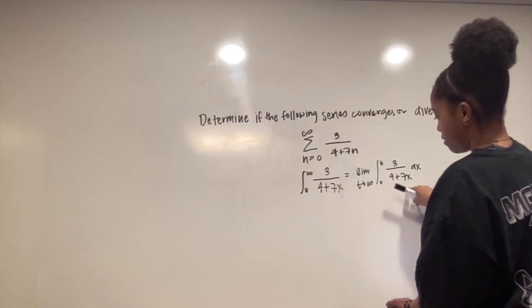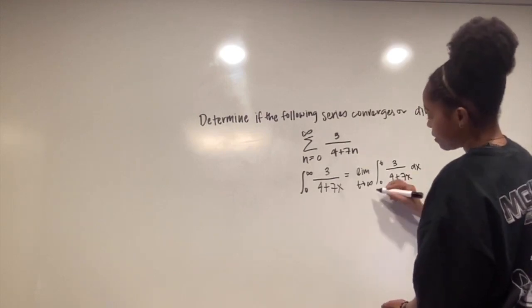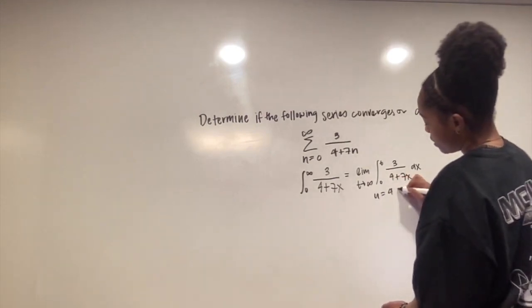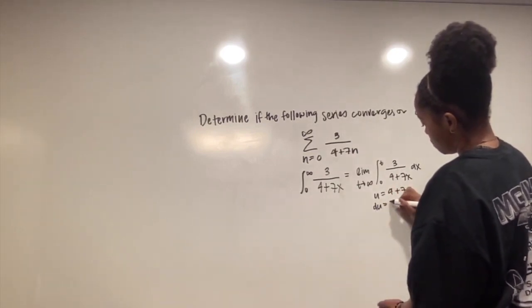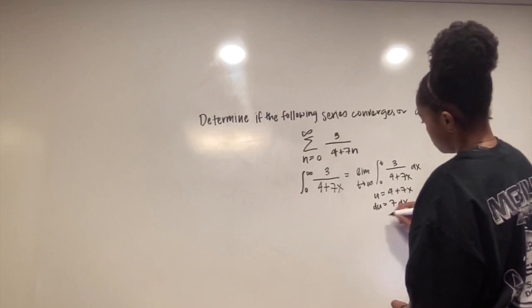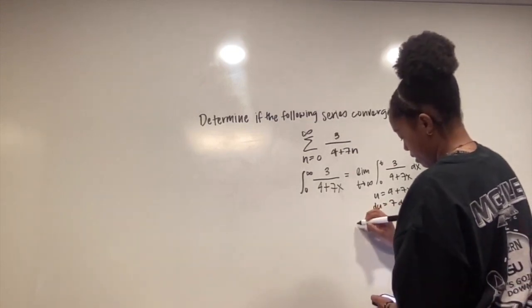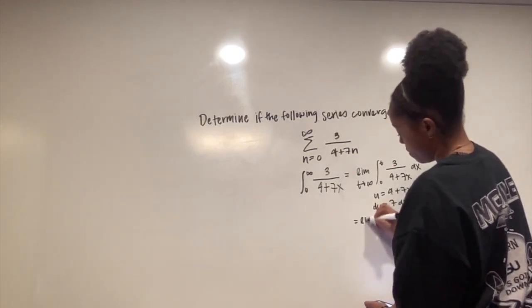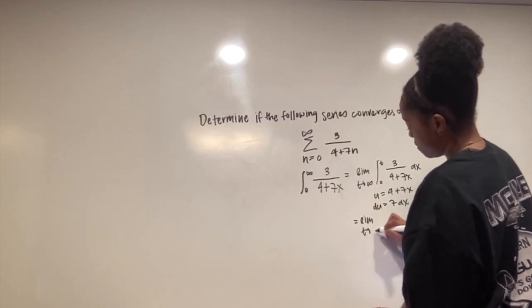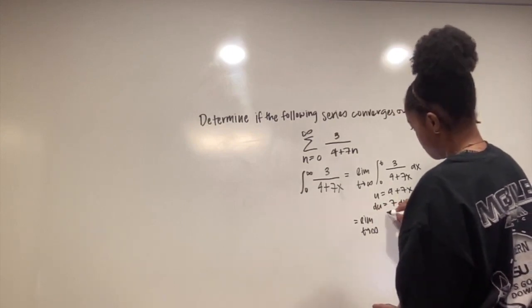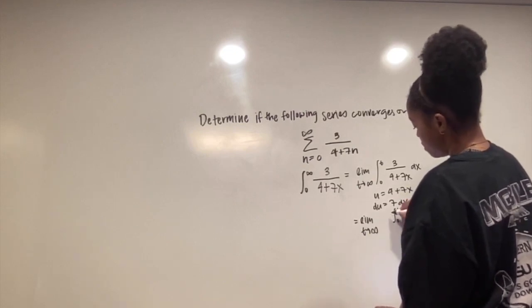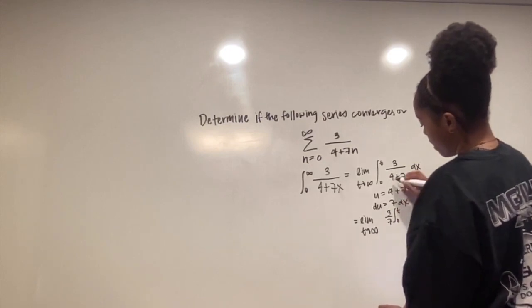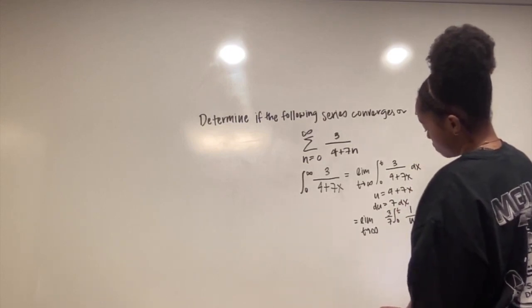And then we're just going to find the integral of this. Technically, you use u substitution here. And then you would get that the limit from t to infinity is just this whole integral from 0 to t times 3 over 7, and then we would have our 1 over u du.